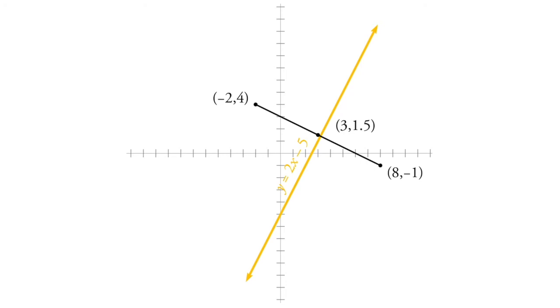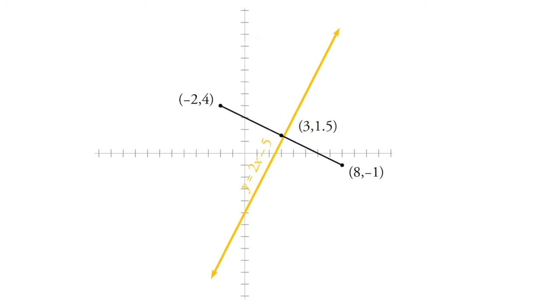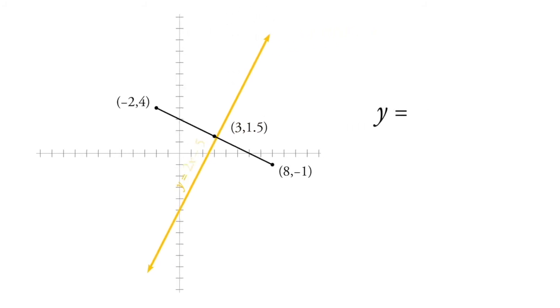So if it really bisects it, then there is going to be a point on this y equals 2x minus 5 line that is the same point as this line segment's midpoint. So we know the line segment's midpoint is 3, 1.5. So let's plug it in. The formula for the second line is y equals 2x minus 5.